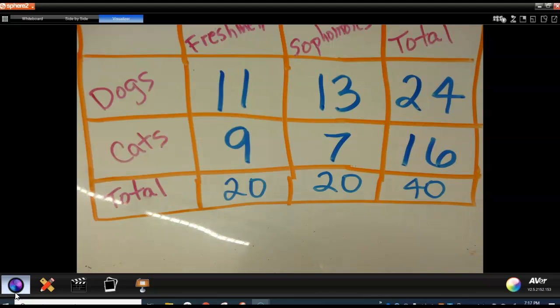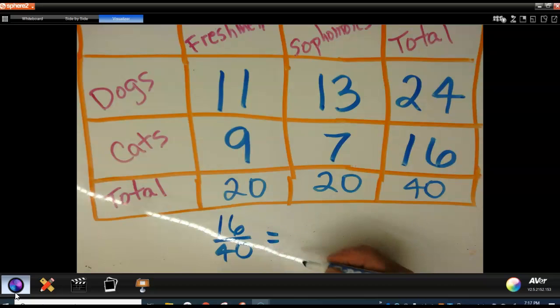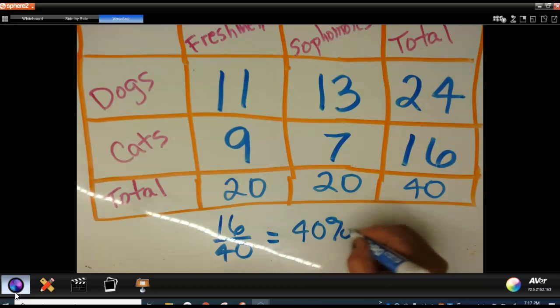Well, hopefully this is how you did it. If they want to know the total number of students out of 40 who have cats, that would be 16 divided by 40, which if you do that math comes out to be 40%. So next question.